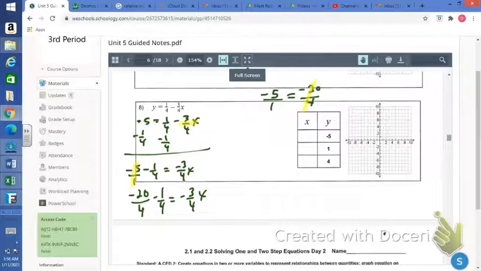-20 minus 1 is -21 over 4. Alright, and then to get the x by itself, I'm going to multiply both sides by the reciprocal of -3/4, which is -4/3.